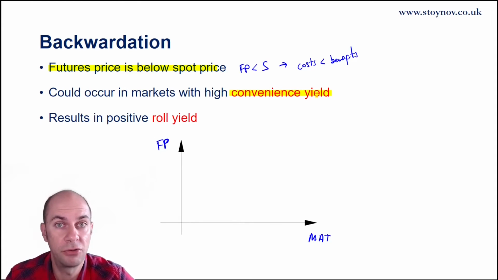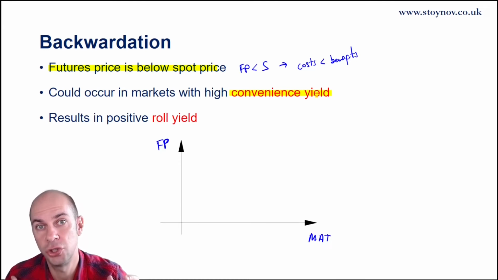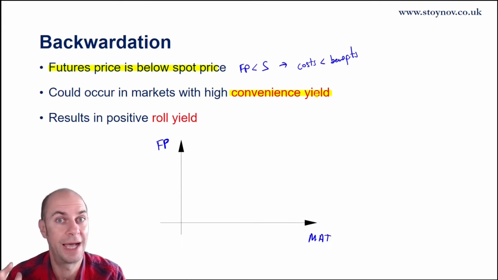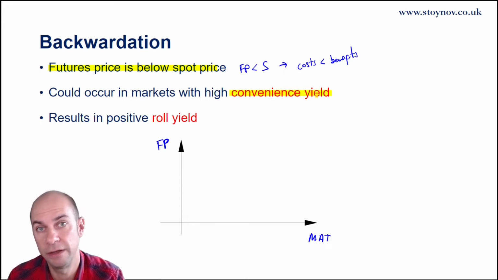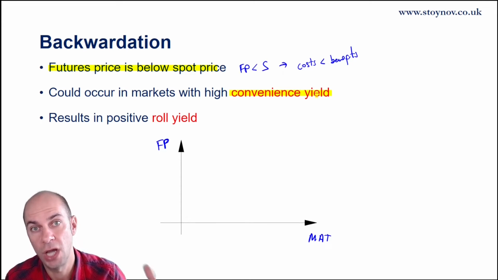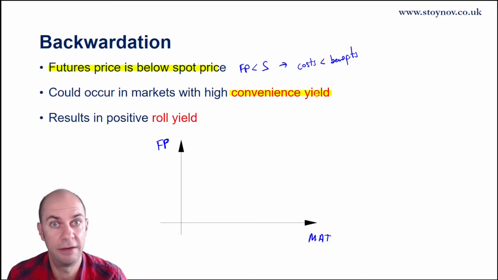So in agricultural markets, sometimes we see a spike in convenience yield because there are shortages. So notice that when we've got commodities in short supply, that will cause a spike in convenience yield. And of course, high convenience yield being a benefit of carry will push the markets in backwardation.